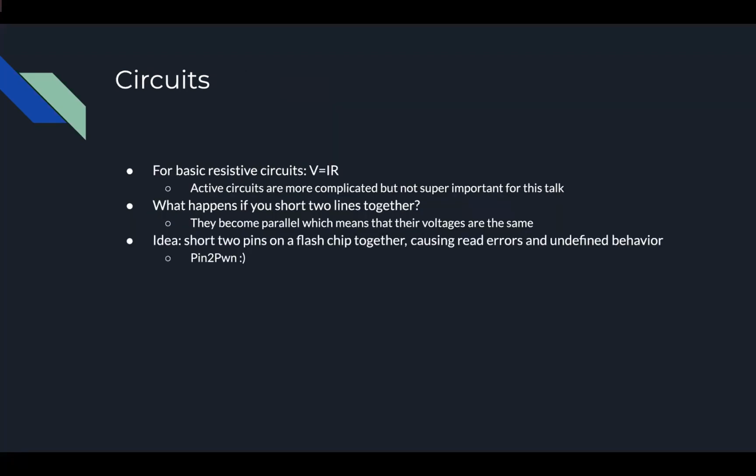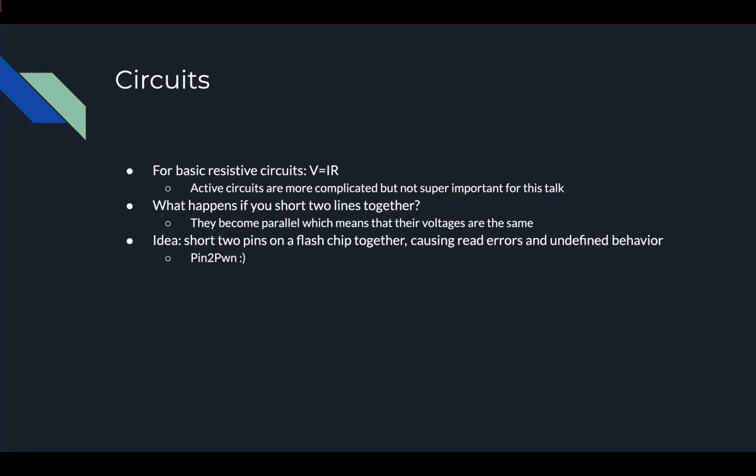But before we dig into the more serious examples of those and I try to explain them a little bit, I need to talk about some circuit knowledge, just so that you guys will have at least some reference point. So for basic resistive circuits, we have V equals IR, which translates to voltage is equal to current, which is I, times resistance.